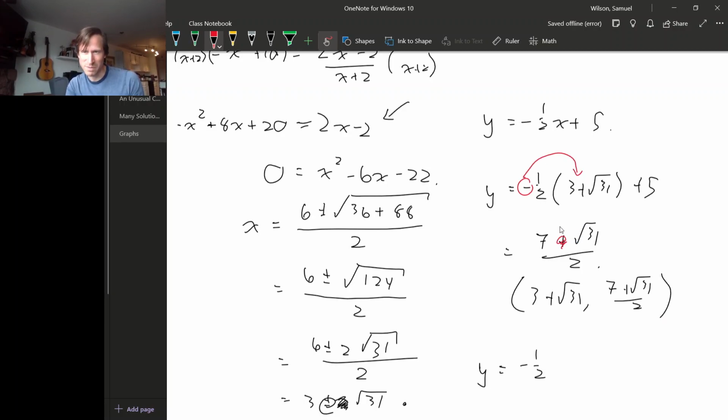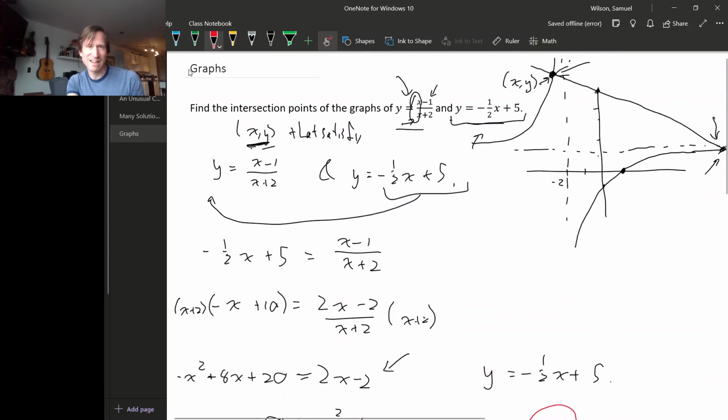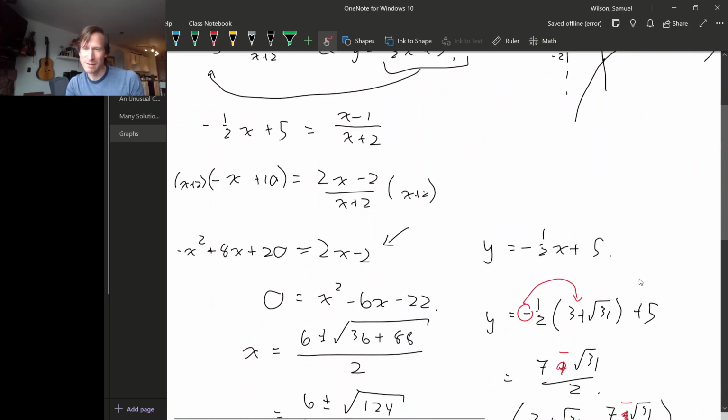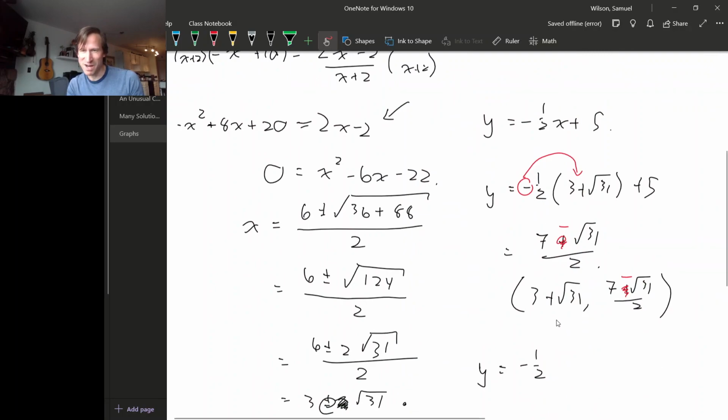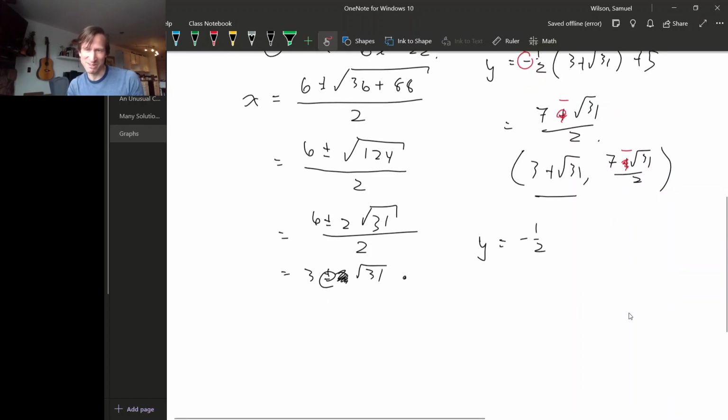So this should be a minus, so this should be a minus. Okay, now this seems right. Our picture suggested that for the larger x value, the y value shouldn't be very big. And I was concerned because this is the positive x value, but I got a y value that was way too big. So 7 minus root 31 is actually not that big, especially after you divide it by 2. So this is looking more plausible now.